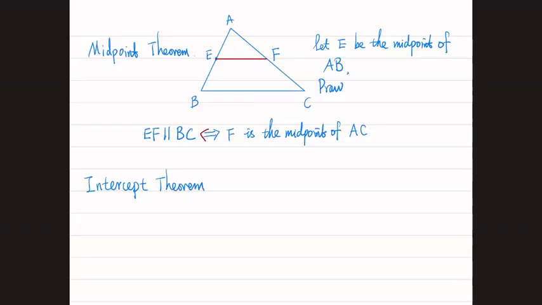Again, we start with a triangle. This time we pick an arbitrary point. It doesn't have to be the midpoint, Aaron. That's maybe what you were asking. This time we don't have to be midpoint. Can pick anywhere. I can pick a point over there.